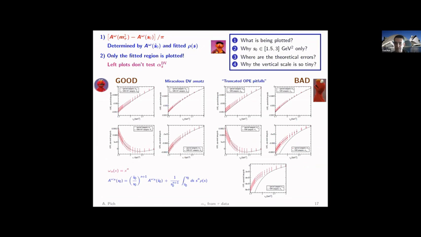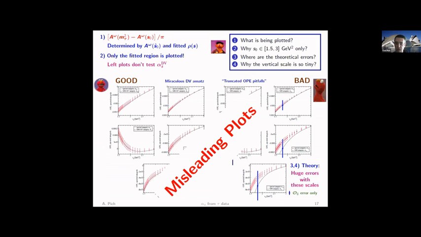But if I just take one correction that is common to all these plots, the correction induced by the dimension 8 condensate, and I just take the uncertainty that appears in our alpha s determination, which is supposed to be used at the tau mass scale, these are the theoretical uncertainties that you should put in these plots. I will not comment more on that. Those plots are completely misleading. We don't learn anything useful from them.